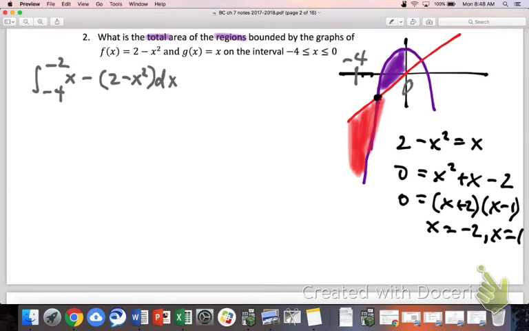So if we correctly evaluate that, we would be finding the area of the red region. And then we would want to add to that the integral from -2 to 0. For the purple region, the parabola is the higher. So you'd go (2 minus x squared) minus x dx.